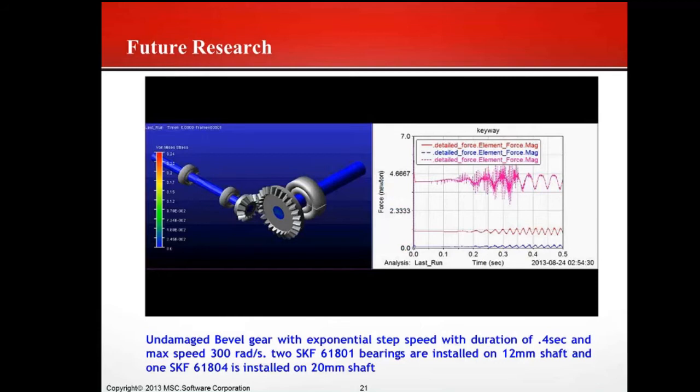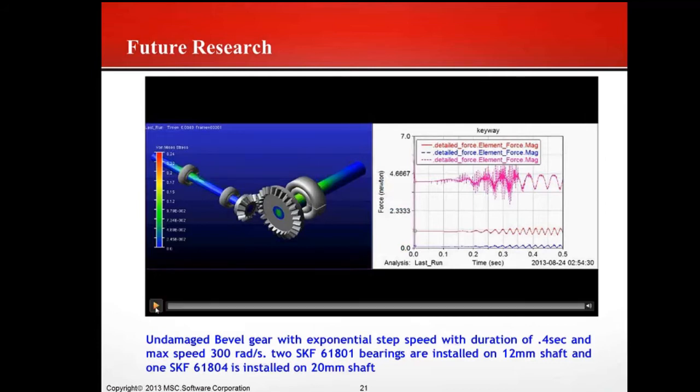This is another powerful Adams function to make the shaft a flexible shaft. We also added the SKF bearing into our system. In the future, maybe in 2 months, he will apply this technology to our two-stage planetary gear to see how it works.